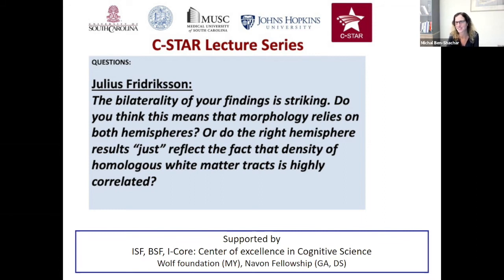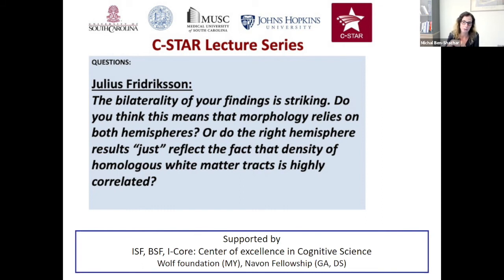So my understanding of this effect so far has always been that because we find it so repeatedly, and because we do not find all effects to be bilateral, only, primarily, ventral effects to be so bilateral, my interpretation was that both the left and the right pathways are involved in processing this information.